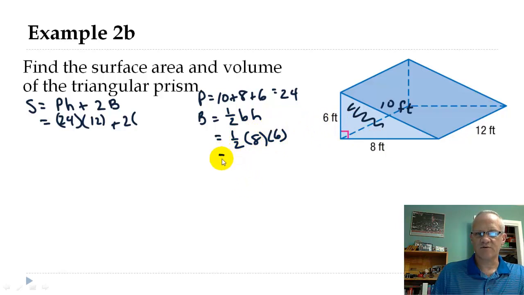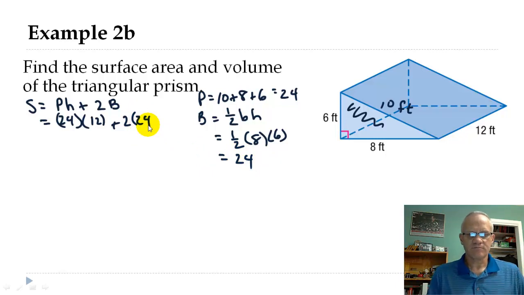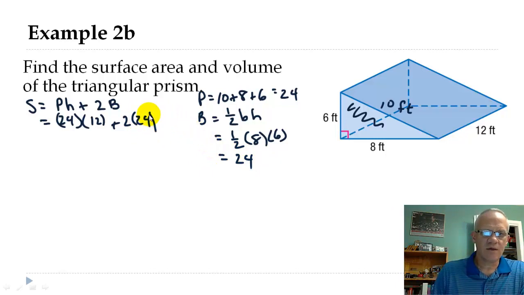And so we can work that out. 6 times 8 is 48, times 1/2 would be 24. And so that's what we're going to put in for the area of the base. Well, that's interesting. And then when we work this out, we've got 24 times 12, 288, and plus 48.